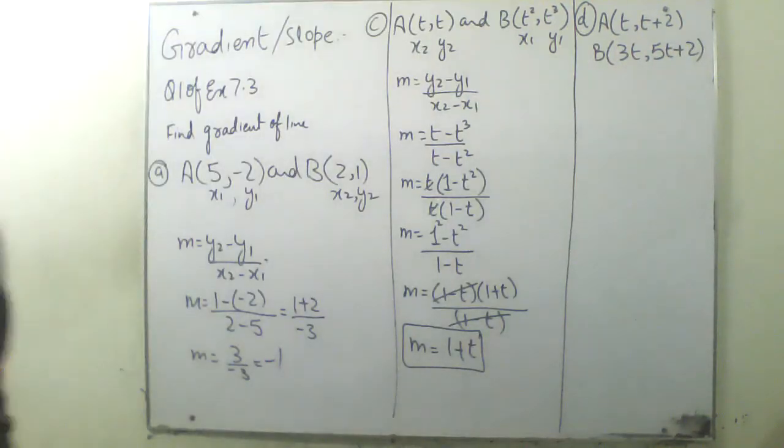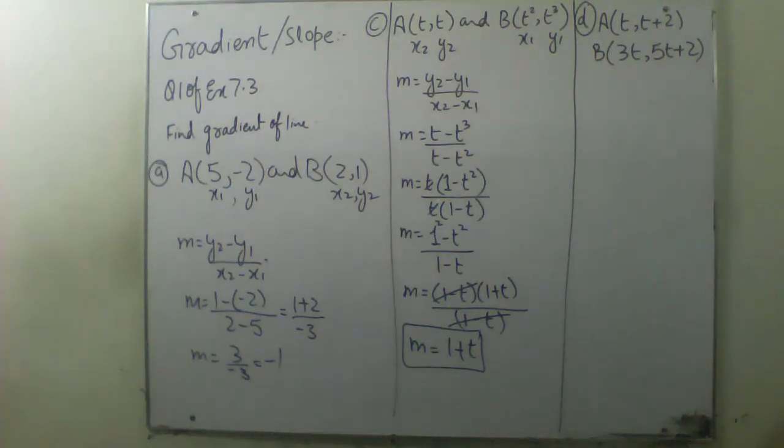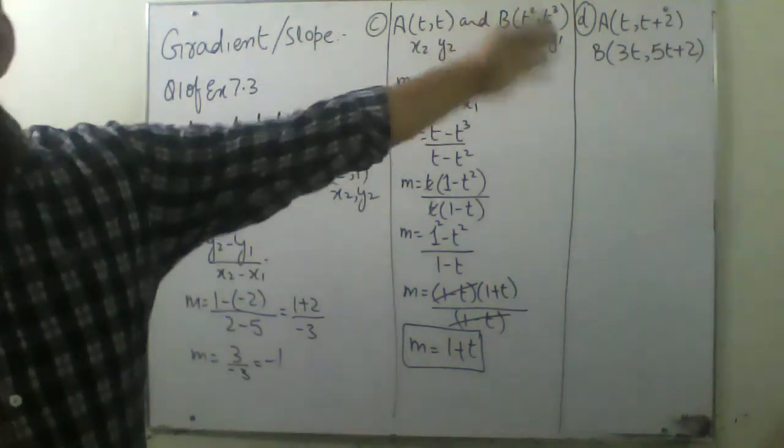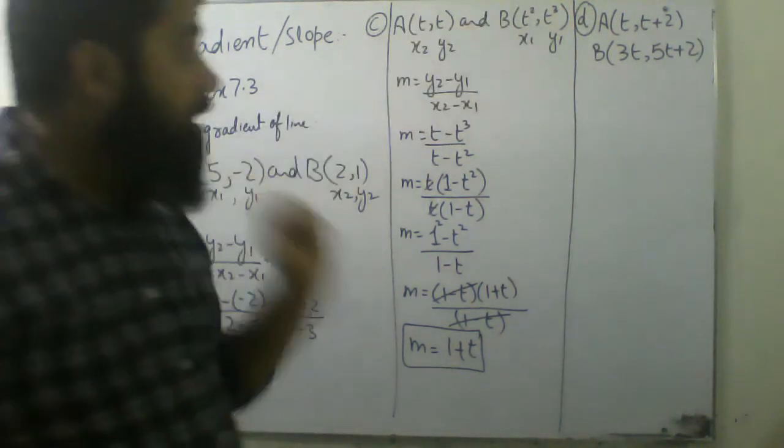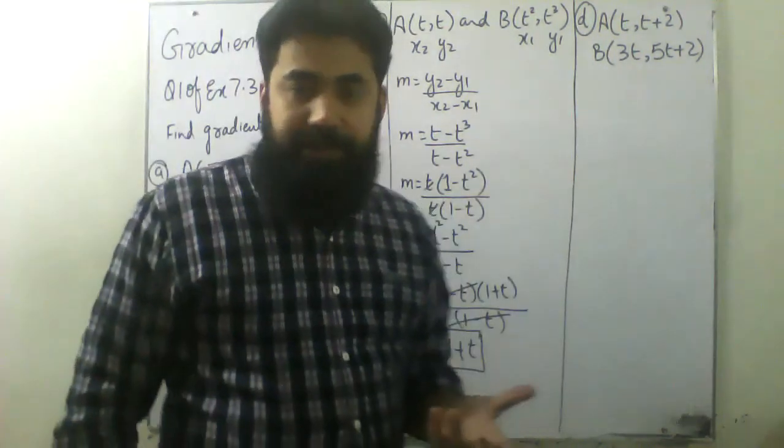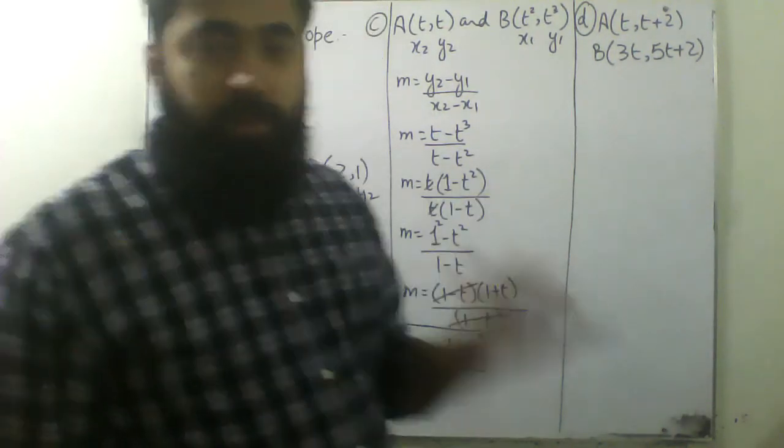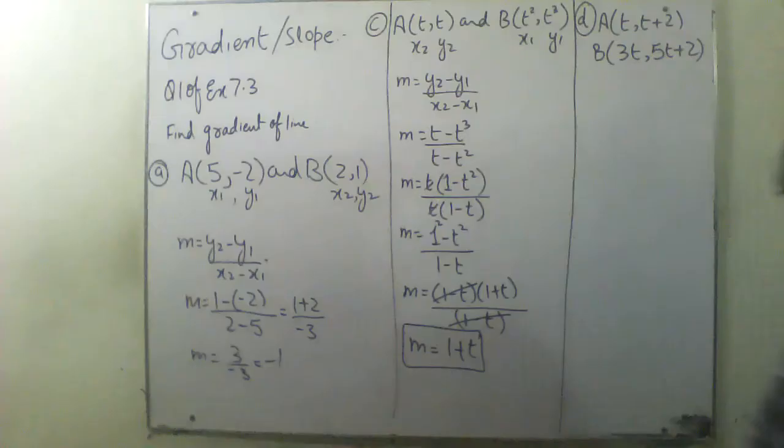Okay, (3t, 5t plus 2) and (t, t plus 2). Now again I have to find the gradient. I have to form, okay, what will be x1, y1, x2, y2.